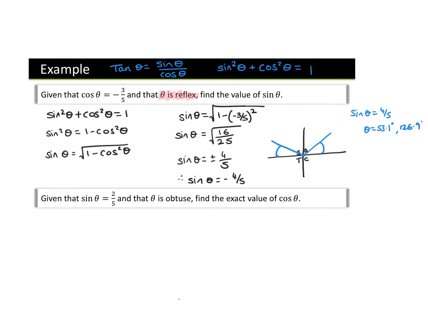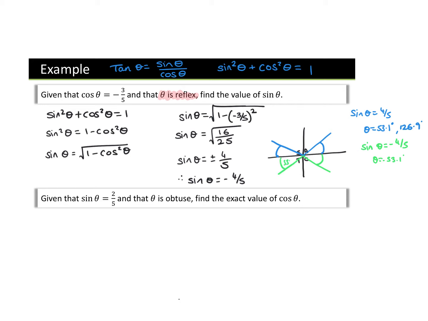Okay? Are any of these angles reflex? No. But if I was to take sine of theta equals negative 4 over 5, what's my answer, please? It's going to give me minus 53.1, which is down here, and then we reflect, we do the opposite.